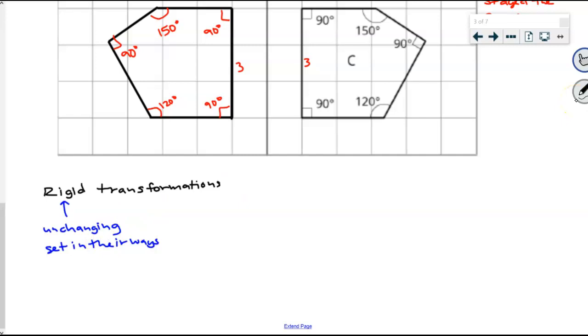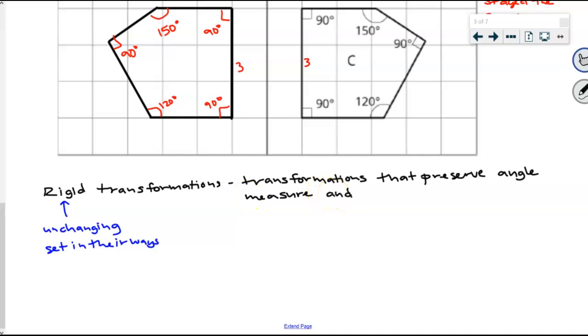So what is it that's changing? Rigid transformations are transformations that preserve. Preserve means to keep the same. And what is it that's keeping the same? As we saw, angle measures and side lengths.